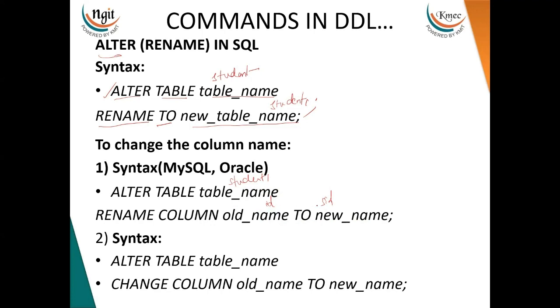I'm going to change this to this. So here we are using rename along with the combination of alter. This is my old attribute name and this is my new attribute name. The second syntax is the same as above. You are just replacing rename with change.